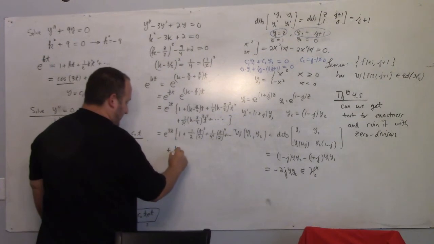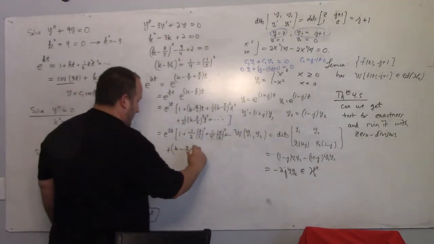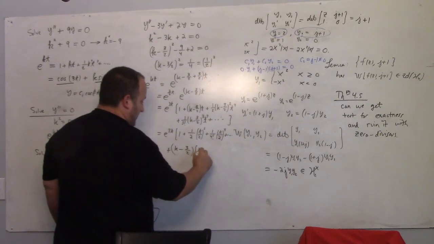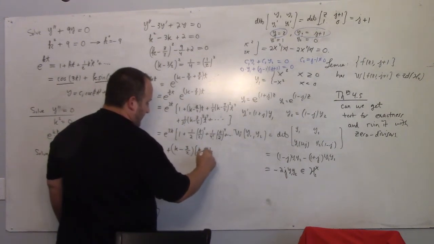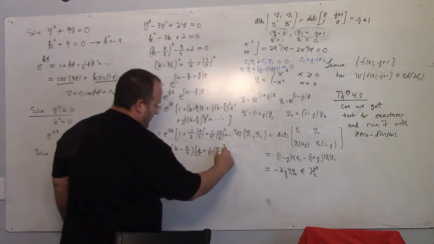And for the odd terms, you get k minus 3/2 left over, times t plus 1 over 3 factorial t over 2 cubed.